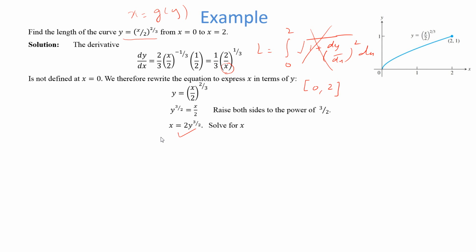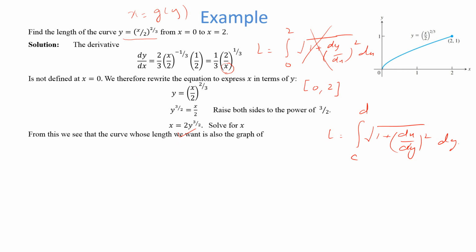And now in order to use this formula, we have to differentiate with respect to y. This is the formula: (dx/dy) squared dy. Okay, so we are going to differentiate it with respect to y.